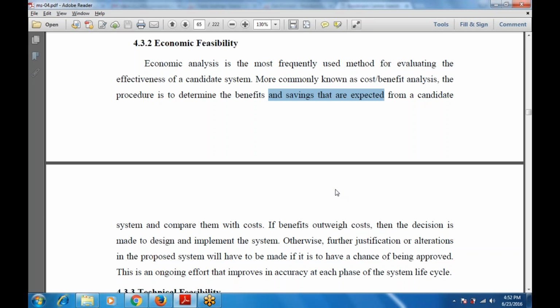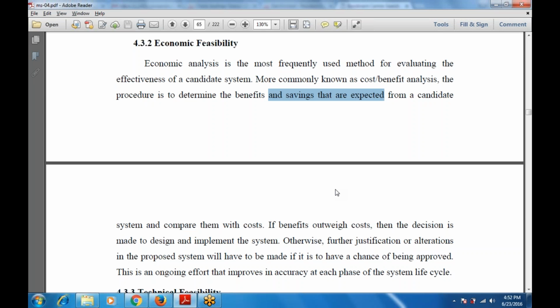That means first identify the costs and the expected savings from a candidate system, and compare them with the cost. If the benefits outweigh the cost, that is, if the benefits are higher than the cost, meaning there is a profit, then the decision is made to design and implement the system.